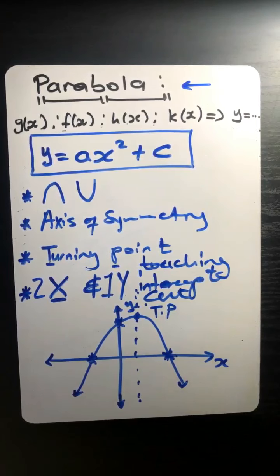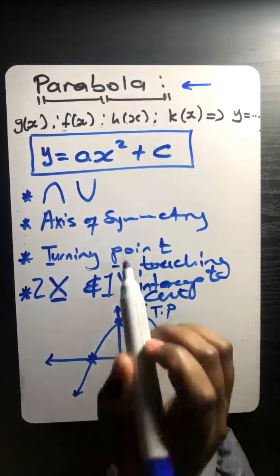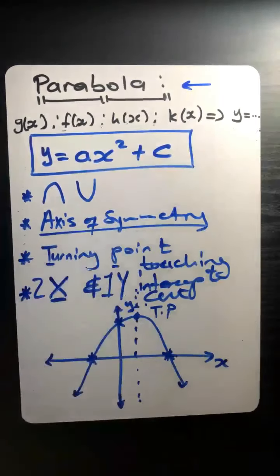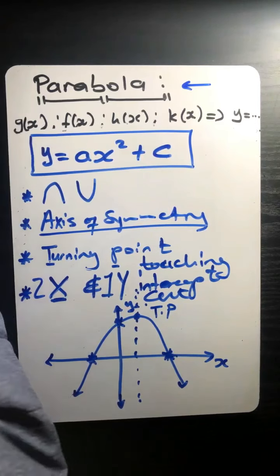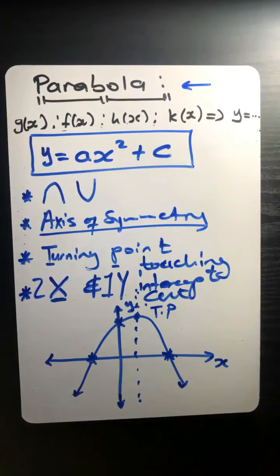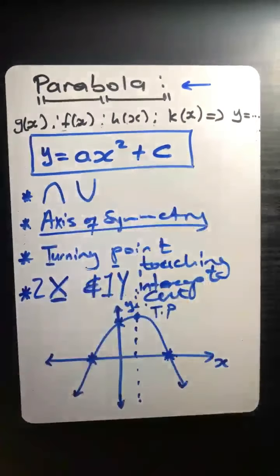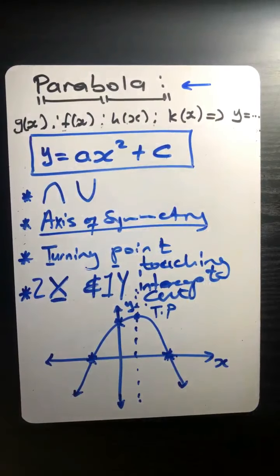But ladies and gentlemen, I hope you fully understood when I used the word axis of symmetry. So, ladies and gentlemen, that's all 1, 2, 3, 4 that I wanted you guys to be aware of.